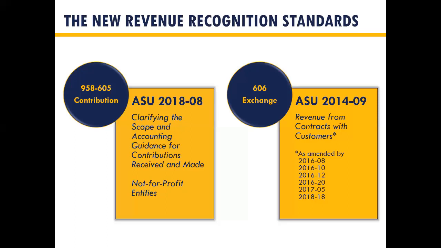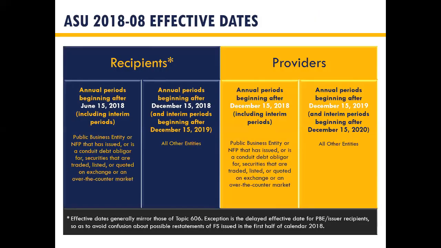So that's kind of why this second standard came about, 2018-08, really trying to create clarity and eliminate any of that diversity in practice that we sometimes see when it comes to revenue recognition in nonprofit. So today we'll be focusing on the impact of both of these standards on our nonprofit organizations.